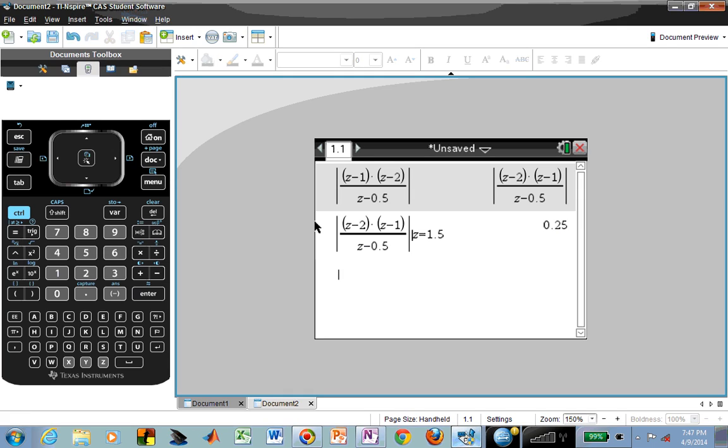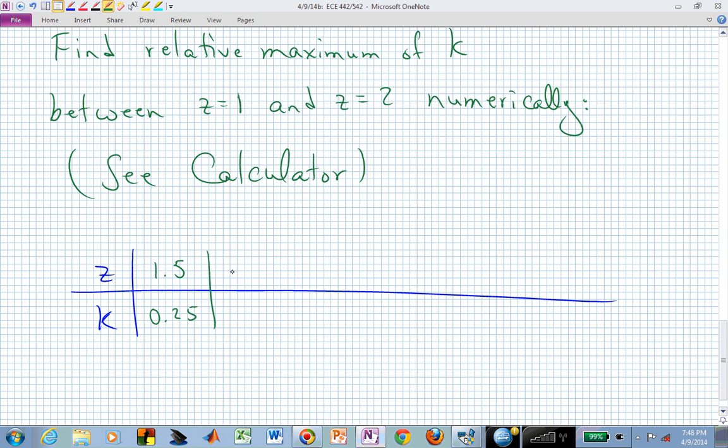If I go back and do that again, but now maybe we expect the breakaway to be closer to the point z equal 1 because we have a zero on its left. And now we are getting bigger. So we have increased our gain k from 0.25 to 0.266. Meaning at a value of 1.4, we now have a value of gain k of 0.267.